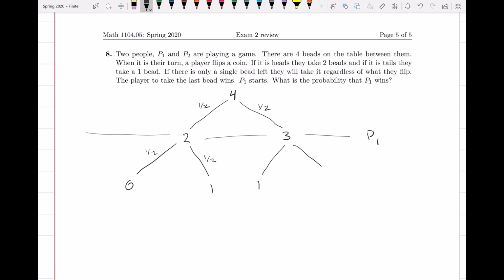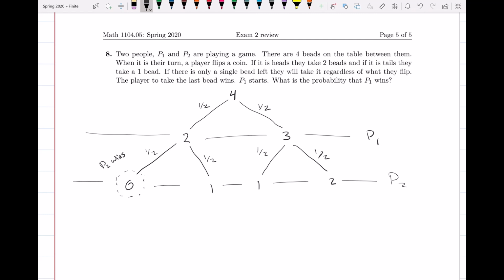If there's 3 and they take away 1, they're left with 2. These are also all 1/2. Alright, and so this is player 2. When there's 0 left, that means player 2 won. So the game ends. Alright, so let's look at the remaining possibilities.